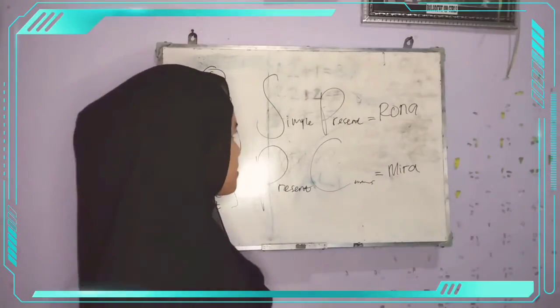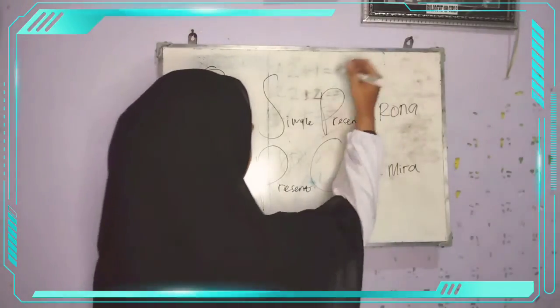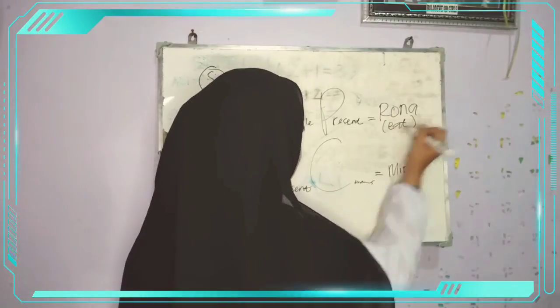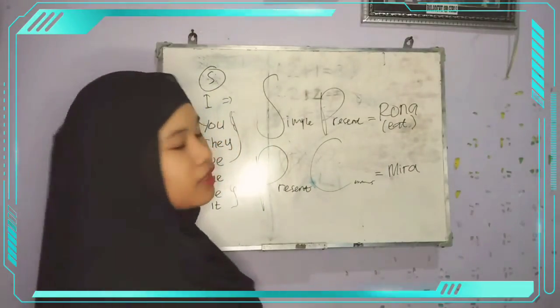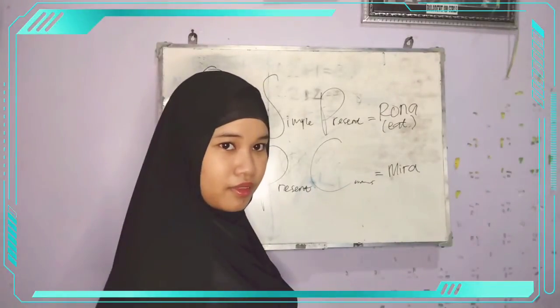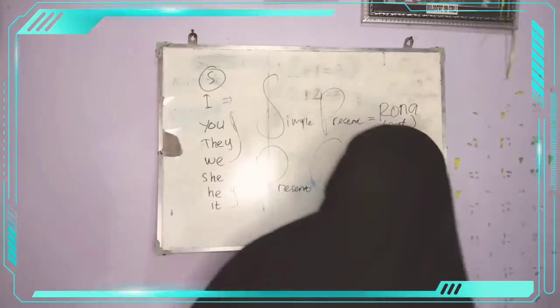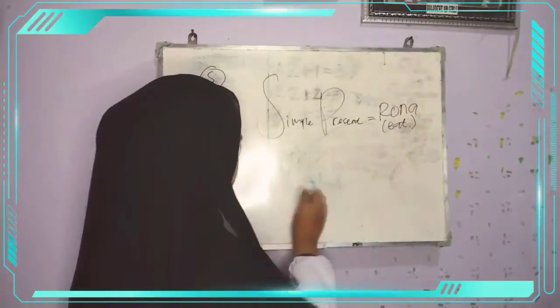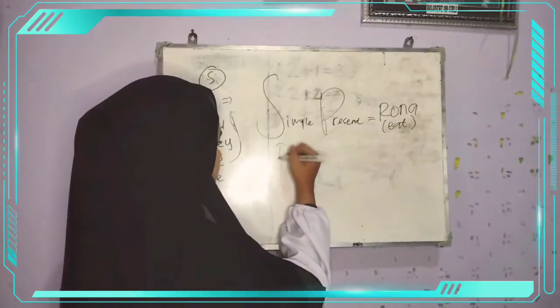What is your verb? Eat. Rona's verb is eat. Okay. I eat rice. I don't eat rice.